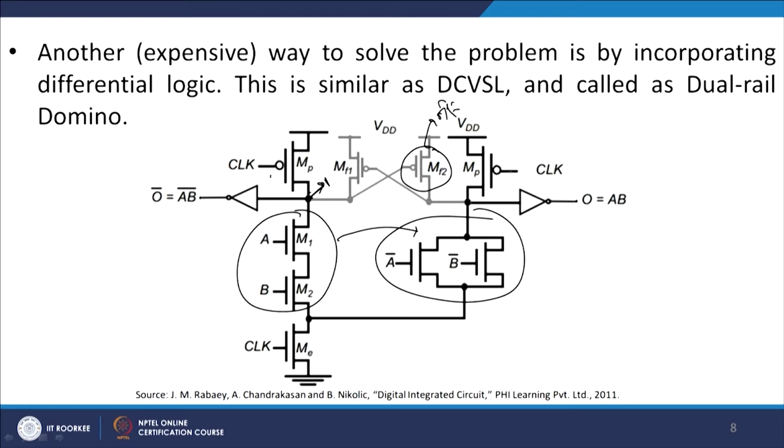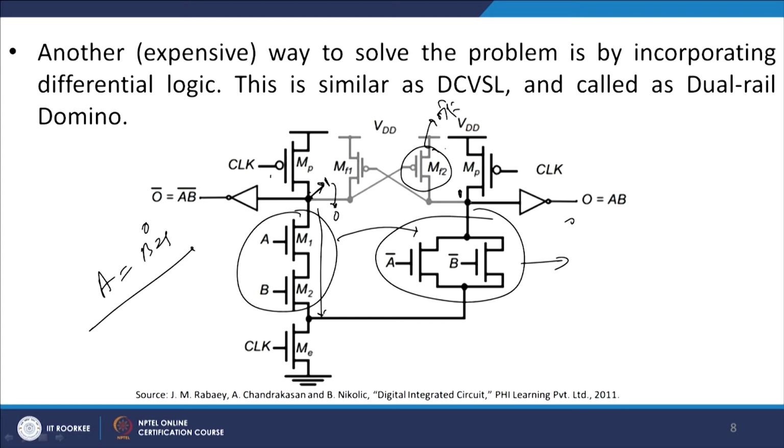Once this is switched off, clock goes high, this is also equal to 1. So, both are equal to 1 here. So, it is holding its state at 0 0, output is 0, input is also 0. Now, in the evaluation phase, depending on the values, let us suppose A and B are both equal to 1. Nothing will happen in this case, but this will actually pull down the voltage from 1 to 0 here.